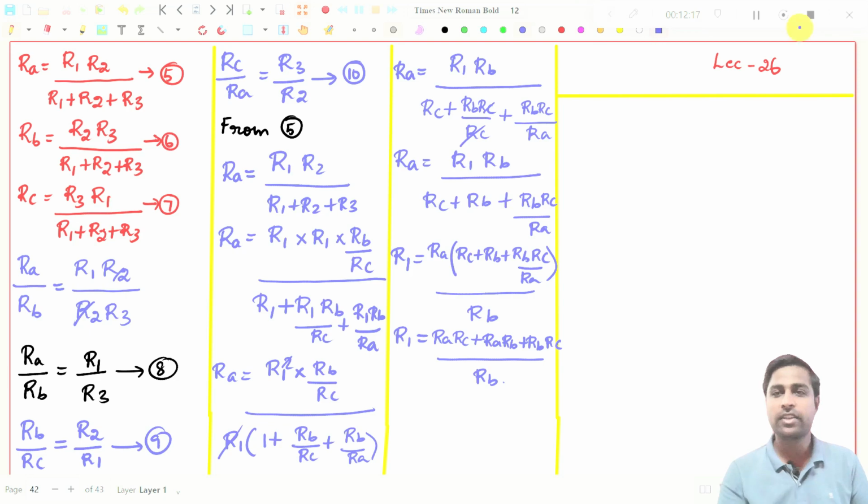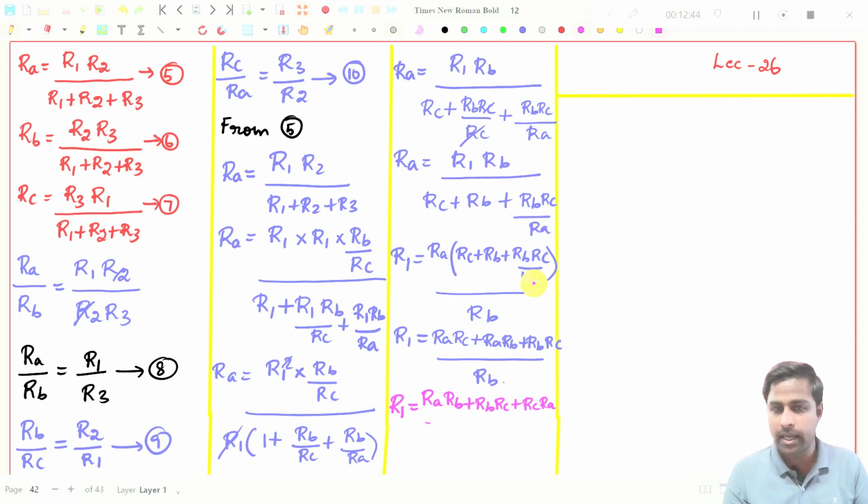You see, I will write this one again so that we can easily understand. R1 is equal to, I will just rearrange these terms so that by seeing itself you can write down these expressions: RA RB plus RB RC plus RC RA, whole divided by RB.